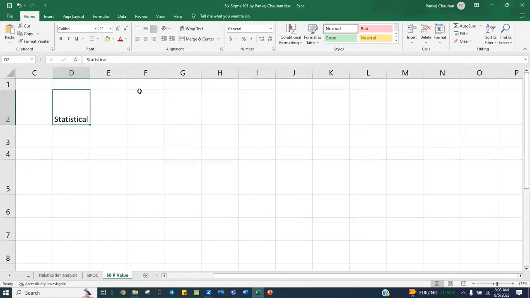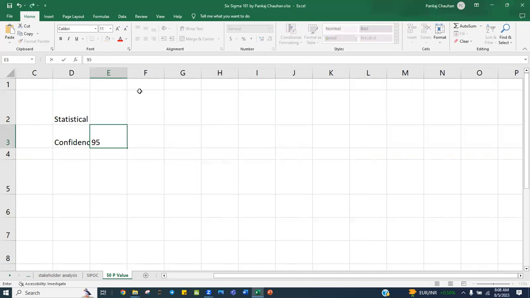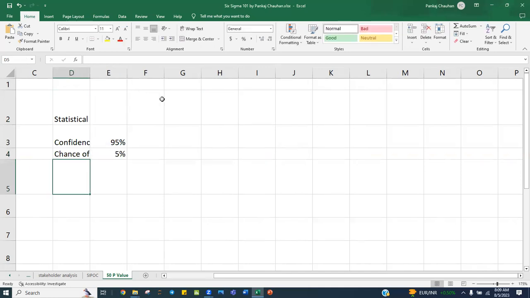If I take the confidence level of any statistical analysis as 95%, then the chance of error is 100% minus 95%, which is 5%.